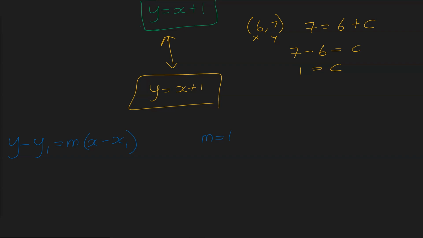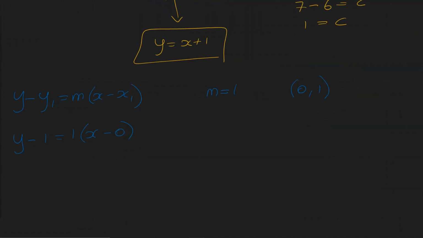And we'll substitute in a point. I'll use the point 0, 1 first. So you get y minus 1 equals 1 bracket x minus 0, just leaving the y and the x as is and substituting in for y1, m, and x1. I'll rearrange the formula.